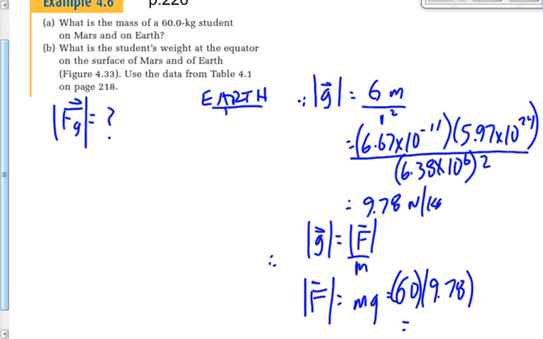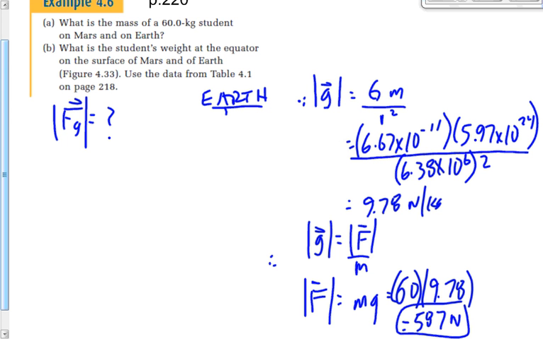What do we get there? It's going to be something like 585 or 586? 587 newtons. So we used the producer equation to get the field strength at that point. We used the experiencer equation to get the force at that point. Does that make sense?